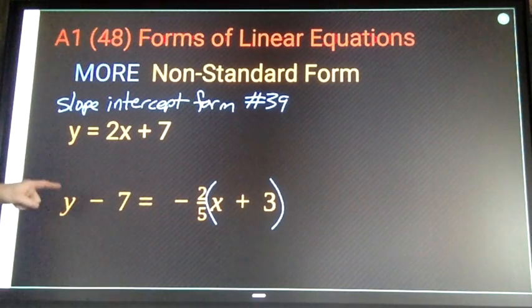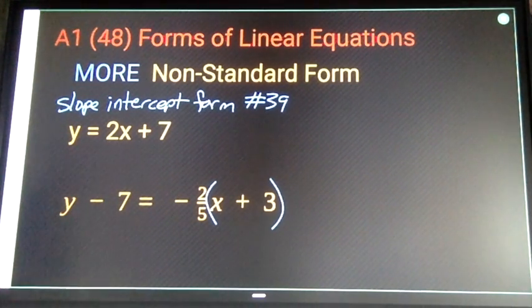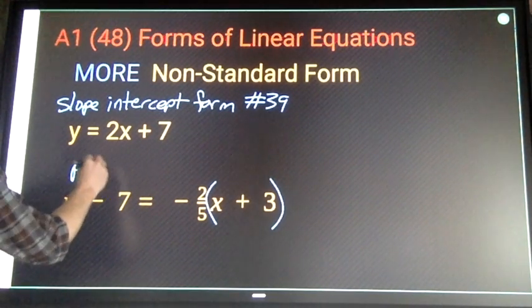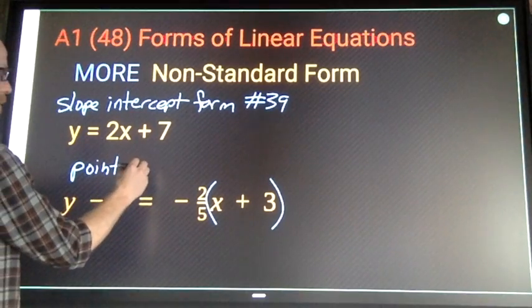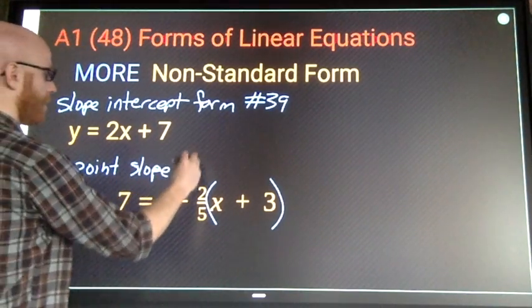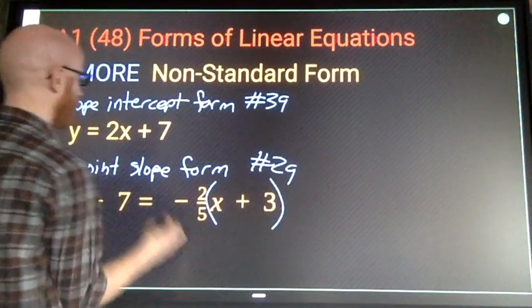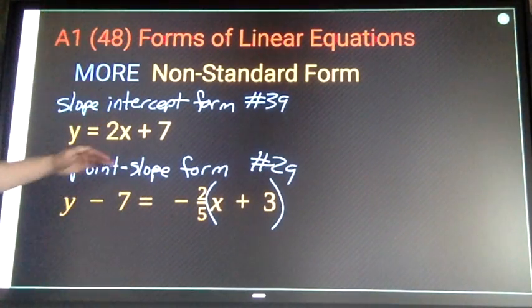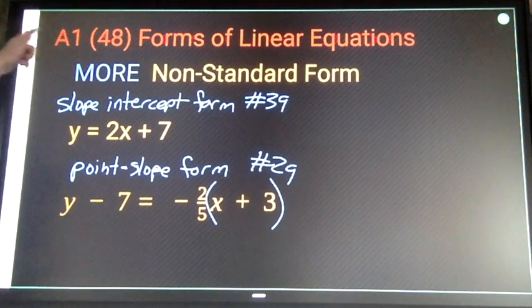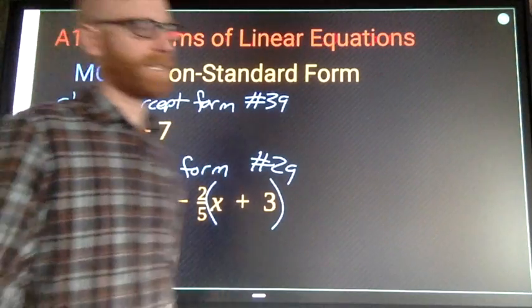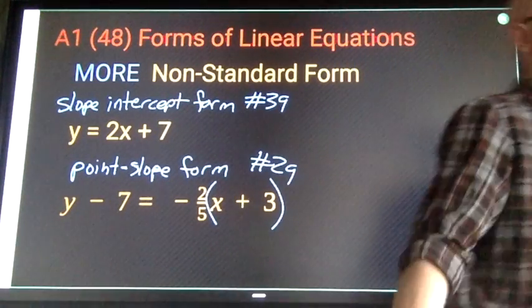Okay, this right here, not in standard form. It is in point-slope form. That's skill number 29. So you should have dealt with both of these skills before you get to 48. If you run into some issues, you might want to go back to those skills to review some things.